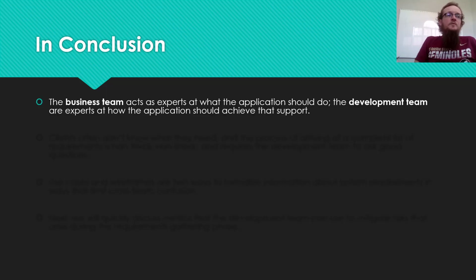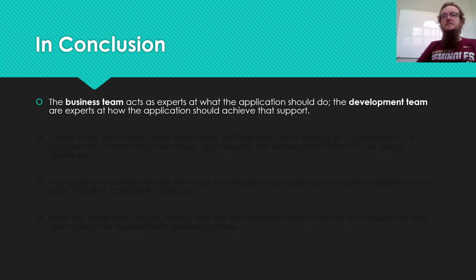So to wrap up this part, which is the meat of the module, we have identified that the business team is the set of experts about what the application should do. They're the bankers, the tellers, the lawyers, the people who use the system day in and day out, and they can tell you when something is wrong, why it's wrong, how it should be changed, and how it should be designed to begin with.